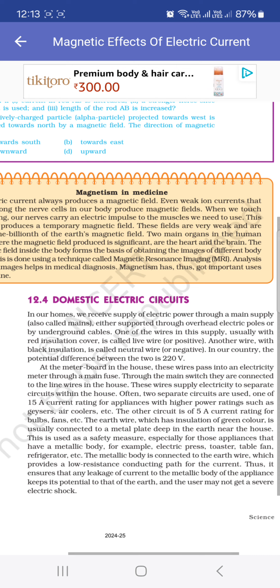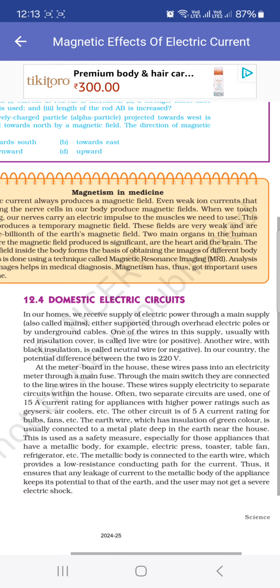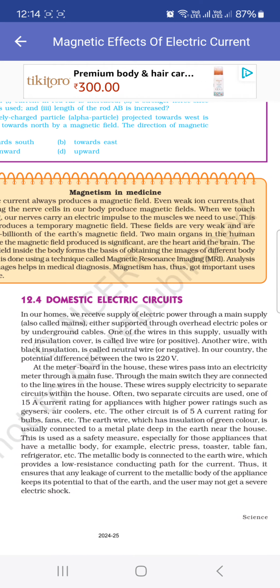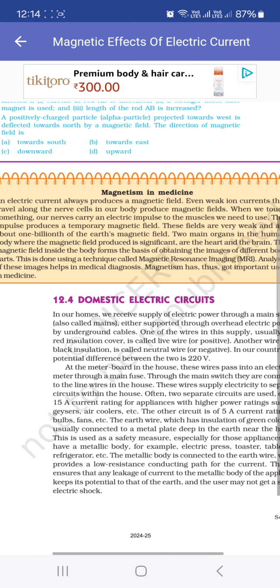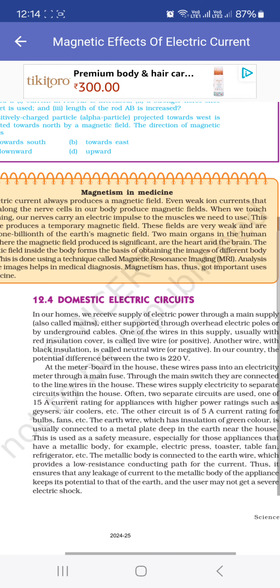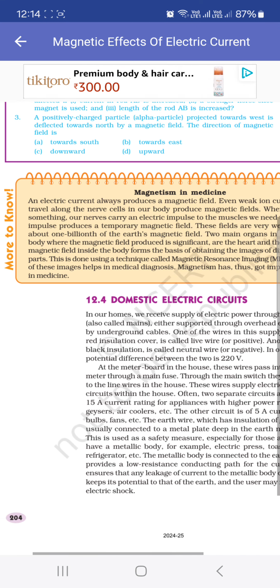Two main organs in the human body where the magnetic field produced is significant are the heart and the brain. The magnetic field inside the body forms the basis for obtaining images of different body parts.